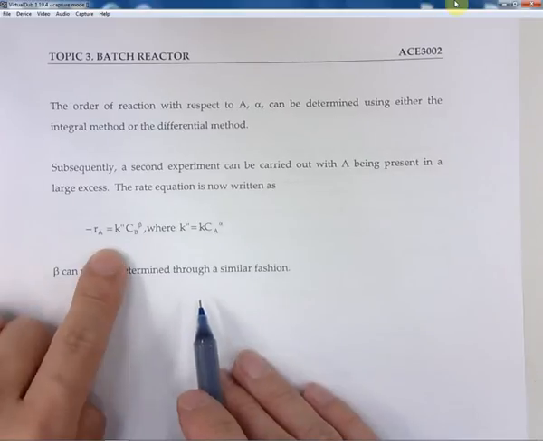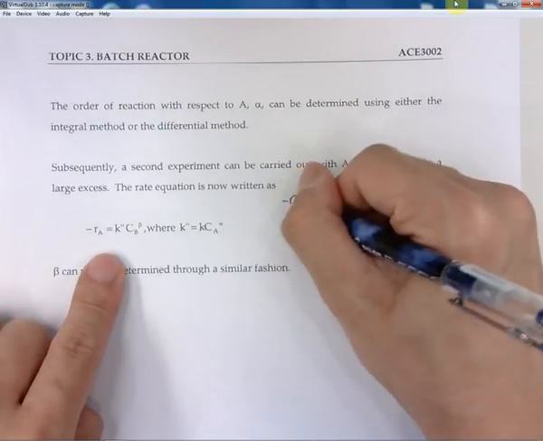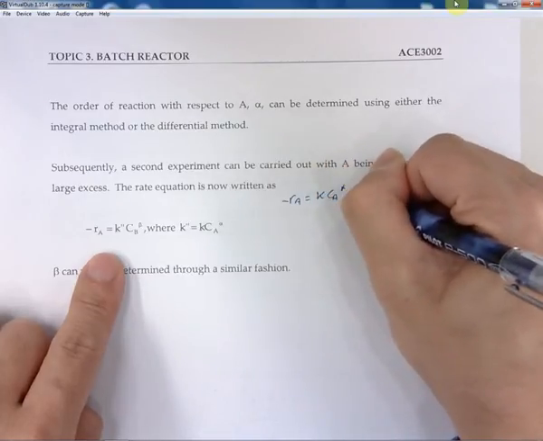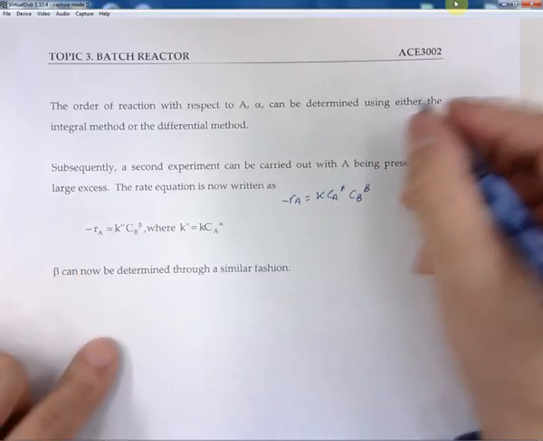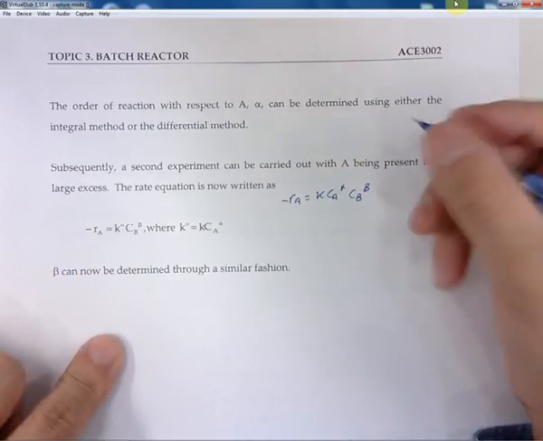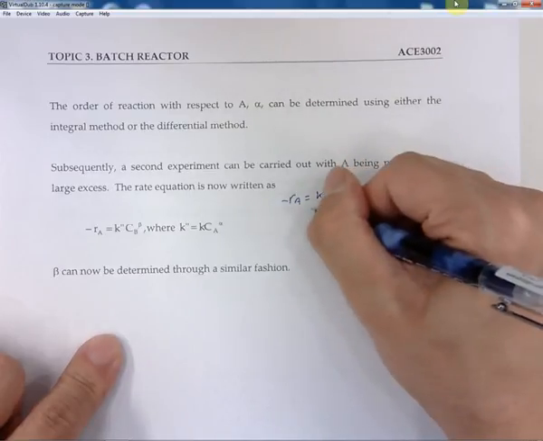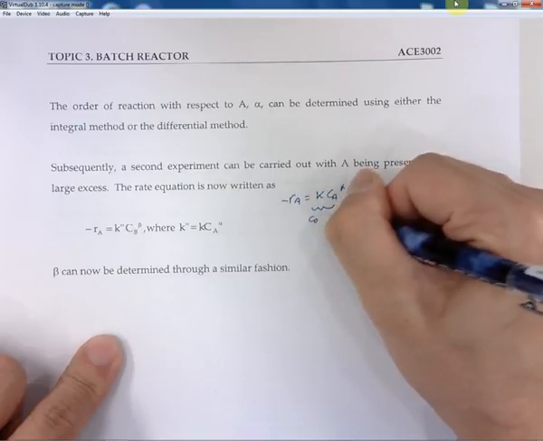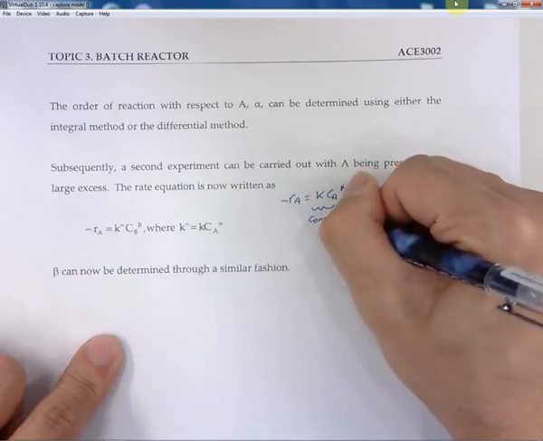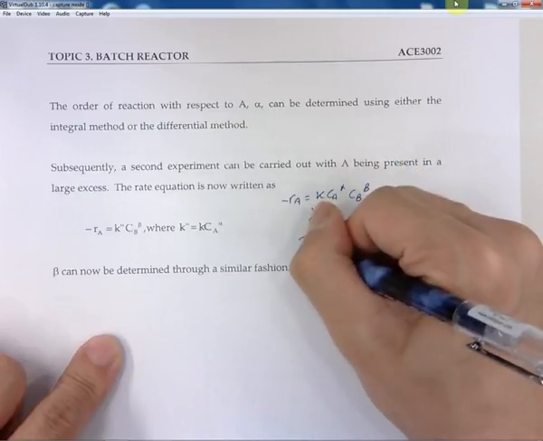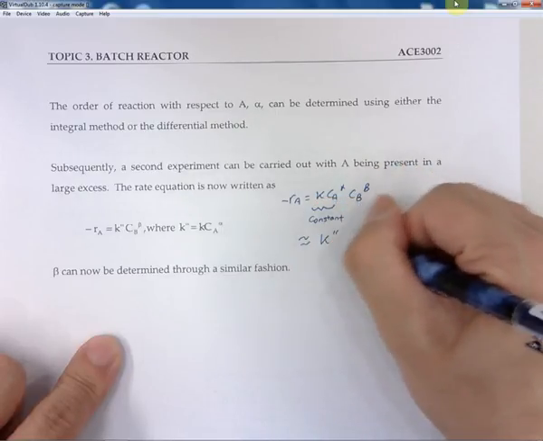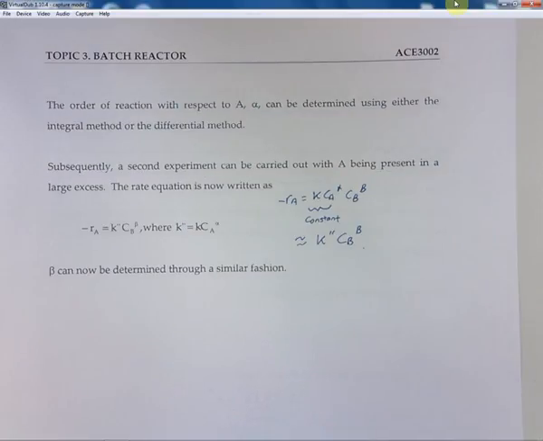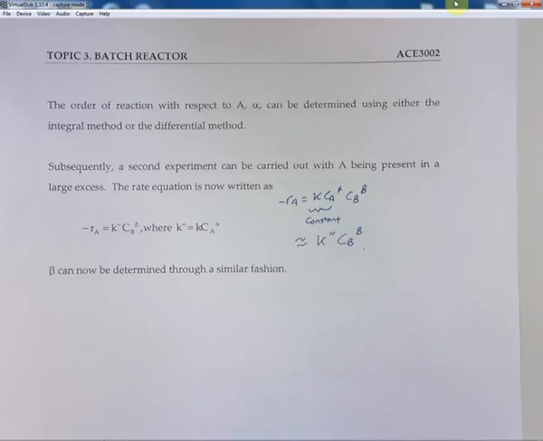Coming back to the equation, C_A^alpha C_B^beta, if we make C_A in large excess such that it does not change or changes negligibly with time, then k C_A^alpha is now constant, and negative r_A will be k double prime C_B^beta. We then determine beta in a similar fashion.